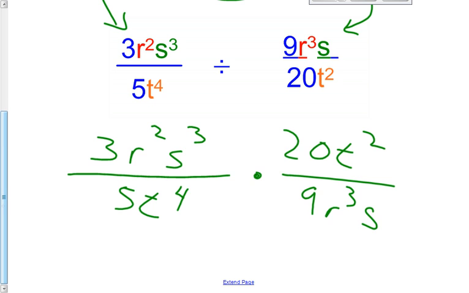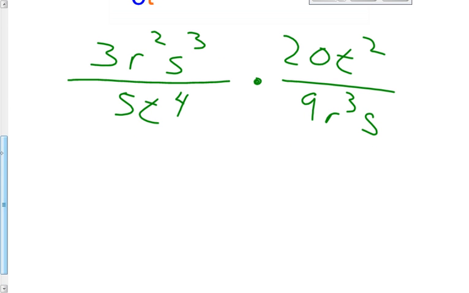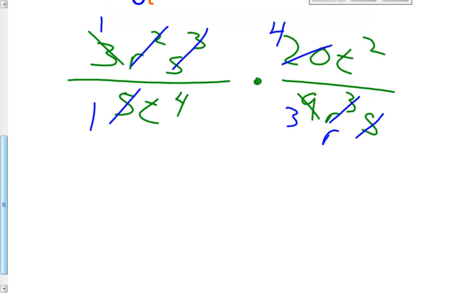All right, let's reduce. 3/9 is 1/3. 5 and 20 reduces to 4 over 1. R squared and R cubed makes an R to the first in the bottom. S cubed divided by S makes an S squared in the numerator.